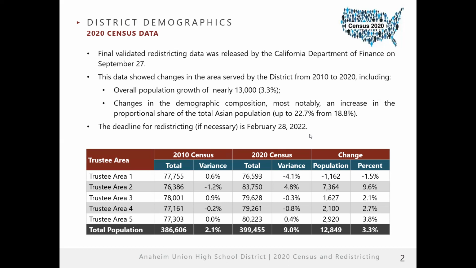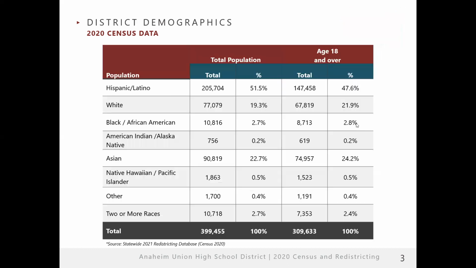On the far right-hand side, you can see how those areas grew, and you'll notice that trustee area 2 grew at 9.6%, while trustee area 1 declined by 1.5%. What that equates to is a variance between the largest and smallest trustee area of about 9%. And so we'll focus a little bit more on that.